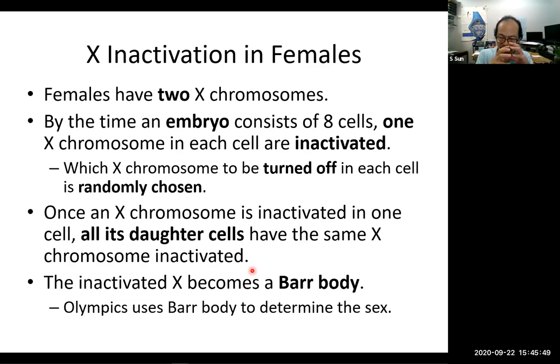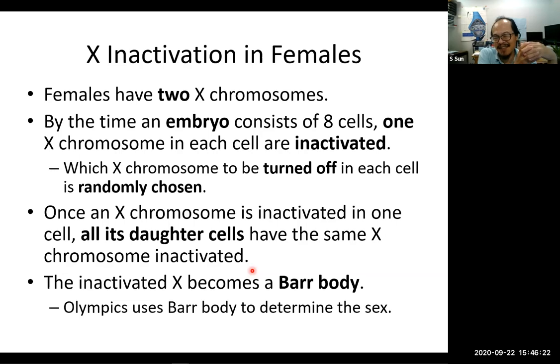Now, in the zygote, the first time we have the fertilized egg, that egg contains two X's. That one cell will be divided to two, each one will have two X's, then to 4, to 16, right? At some point through embryo development, each cell has two X's.